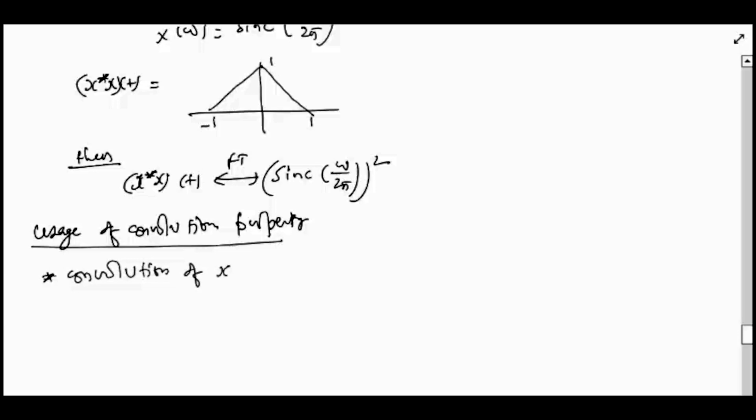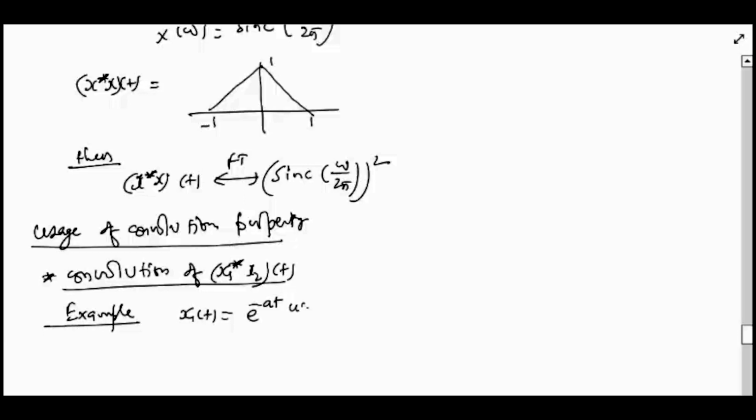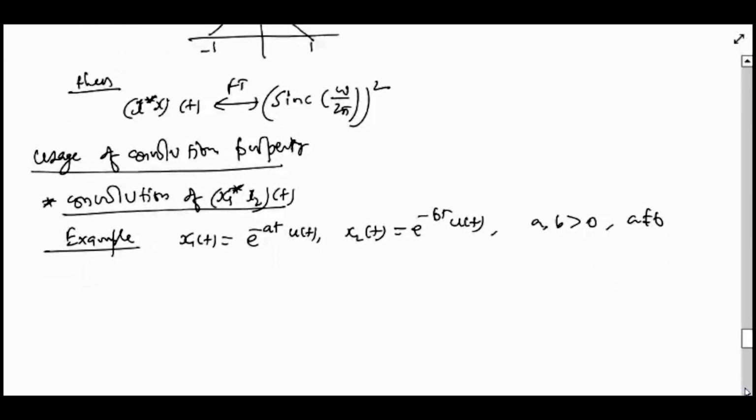Suppose I have two signals x1(t) and x2(t), I can use this property to compute x1 star x2(t). Not always, but in several interesting problems. So here is an example. Let's say x1(t) is e raised to minus a t u(t) and x2(t) is e raised to minus b t u(t). Here a, b are both positive and a and b are unequal, they are not the same.